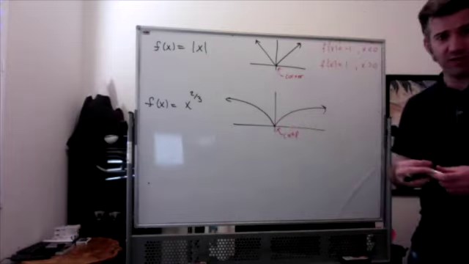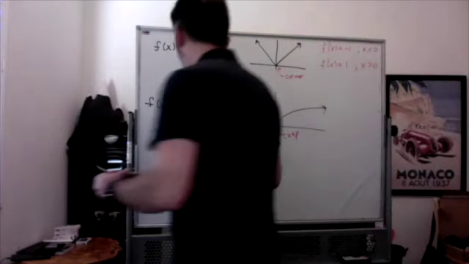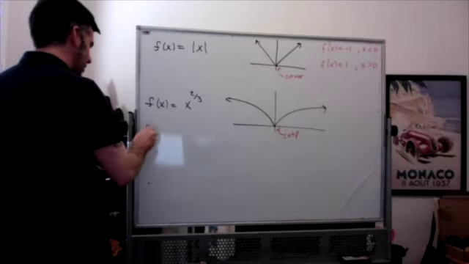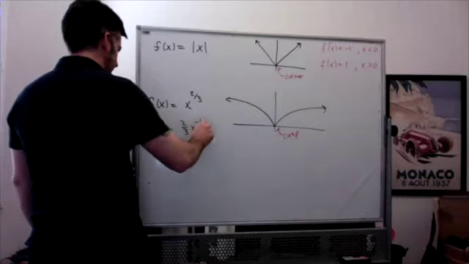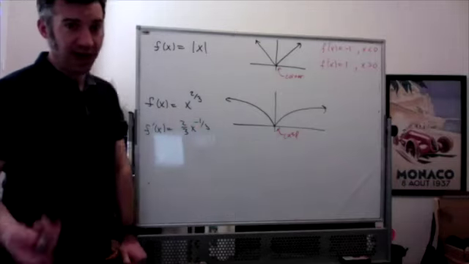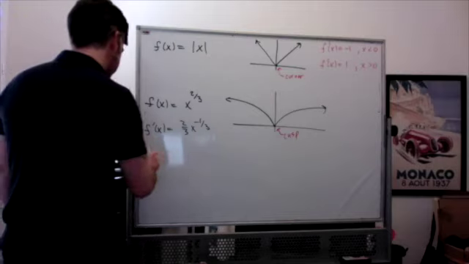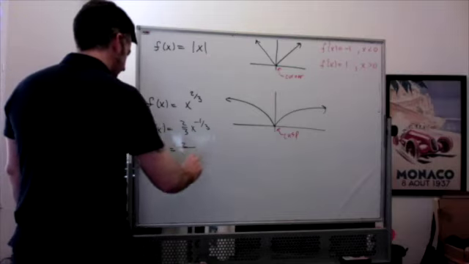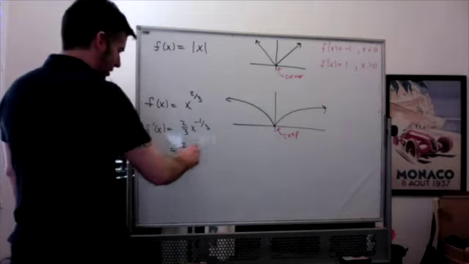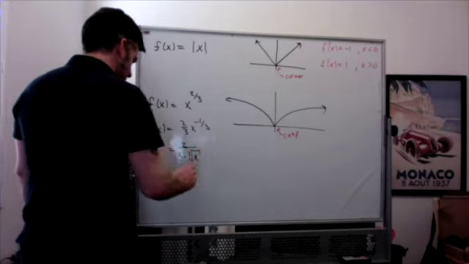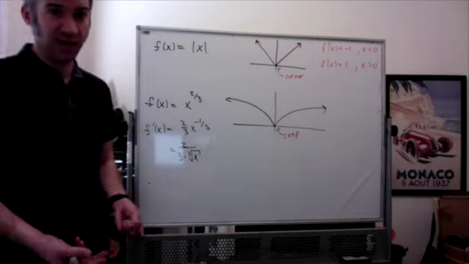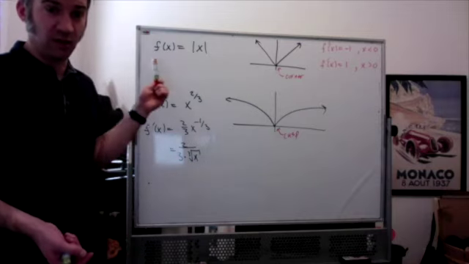How do you know it's not differentiable there? Well, look at the derivative, right? If I take the derivative of this function, I get 2/3 x to the negative 1/3, which if I rewrite it, it becomes a little more obvious. Right, it's 2/3 over x to the 1/3, or cube root of x. Hopefully you guys can all agree with me that if I plug in 0 for x, I'm going to get division by 0.